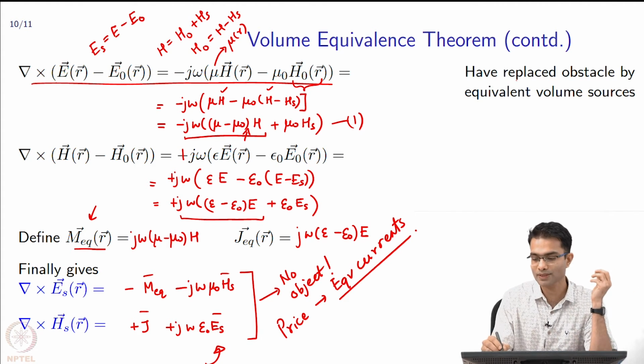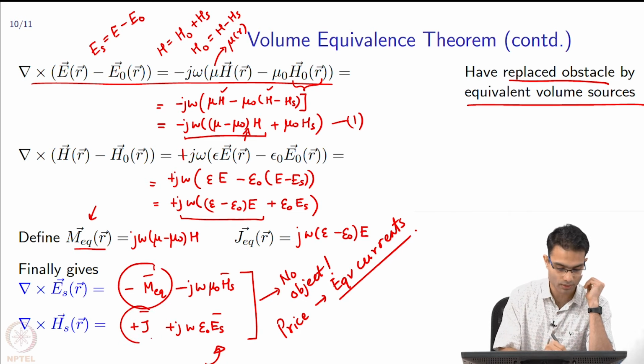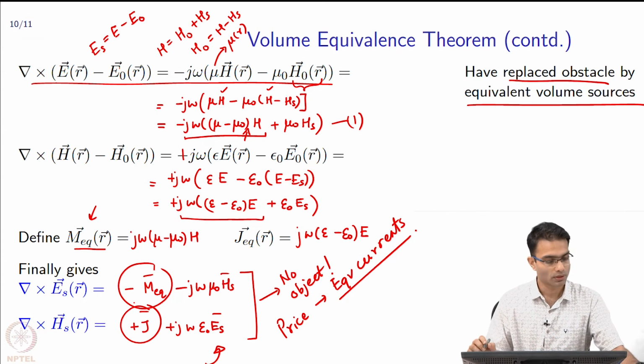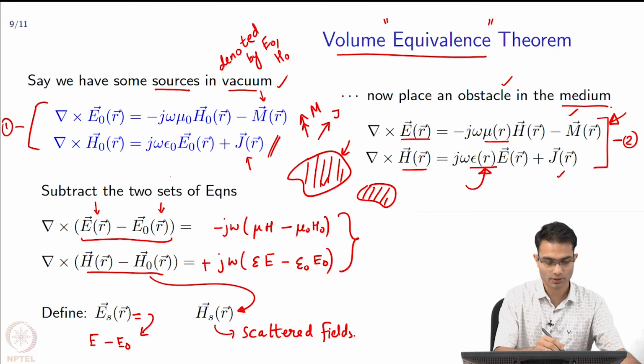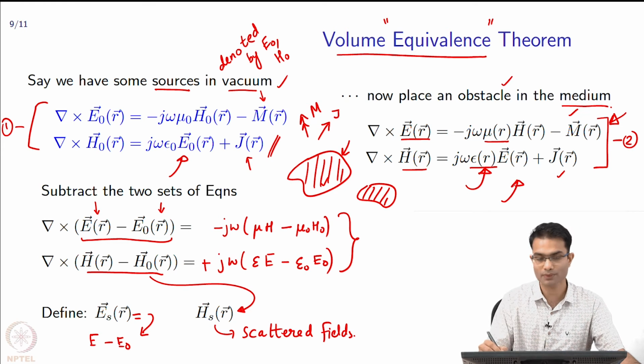So I have replaced this entire obstacle by a set of equivalent volume sources. These M and J are sources. As we will see later on in the course, these kinds of equations, the ones in vacuum, are simpler to solve than these kinds of equations where epsilon is a function of space.